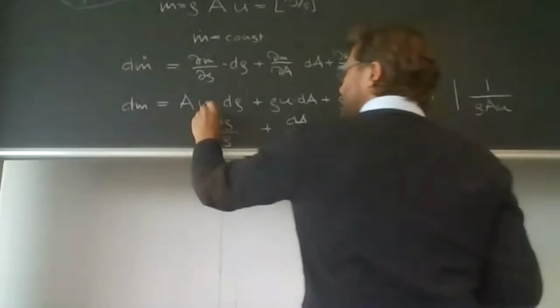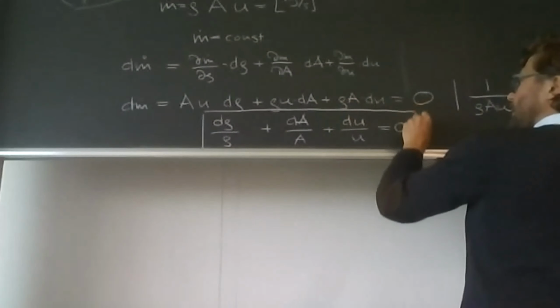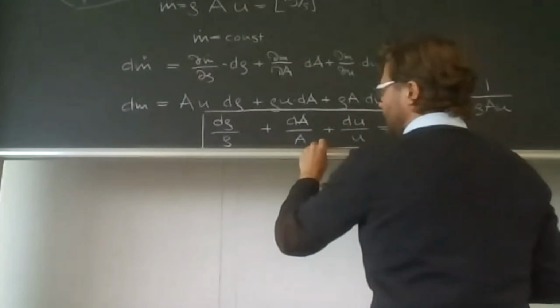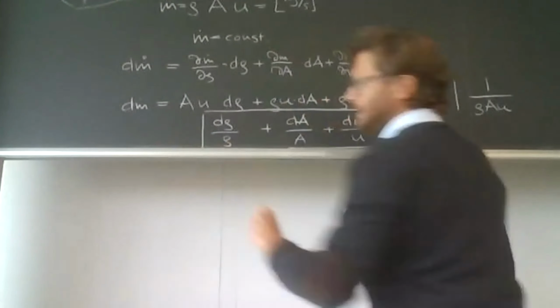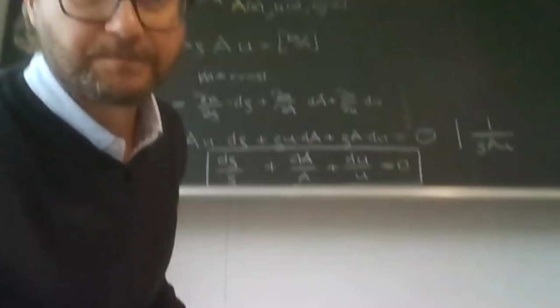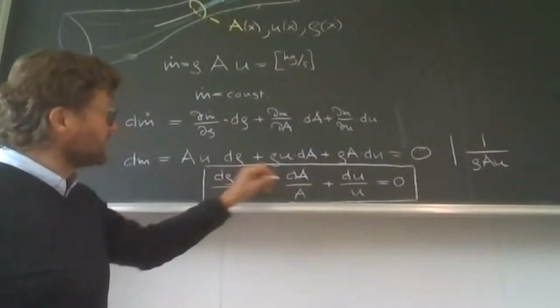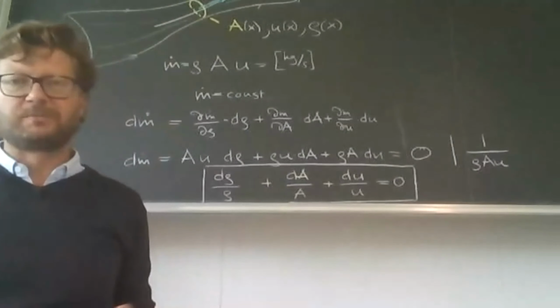Okay, so we're at the end now. This is the differential form of the mass conservation. It tells us that the sum of these three terms must always be zero.